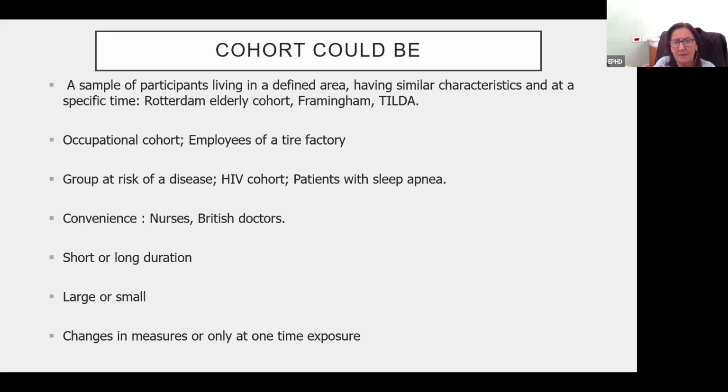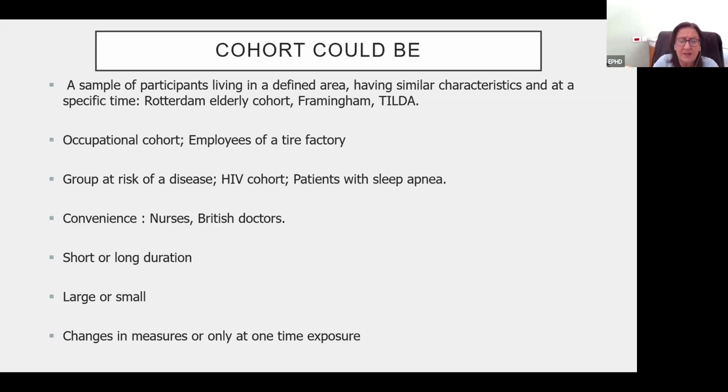So it's a defined geographic area, and people have the same characteristic in terms of place of residence. Occupational cohorts are also types of cohort. So we take a cohort of people who have worked in factories where there is exposure to asbestos, people who work in textile.